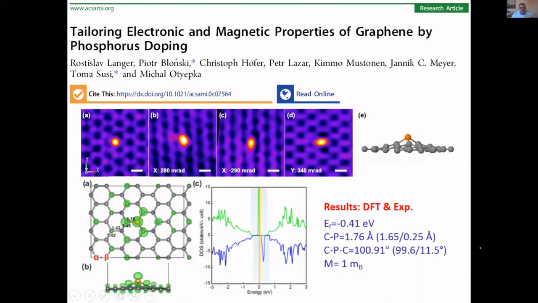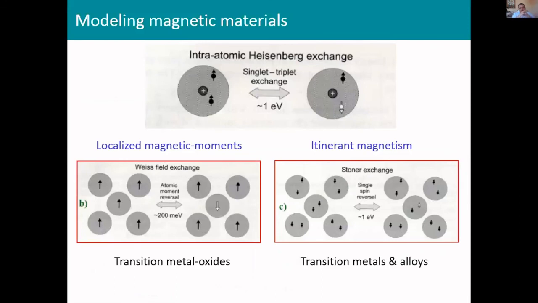Let me mention that in many of these theoretical reports conclusions are drawn about this magnetism, and they produce very nice plots with the density of states and the magnetic moments, but there is not much discussion about the mechanism and in particular, what is the kind of magnetism that we are talking about in the graphene system.